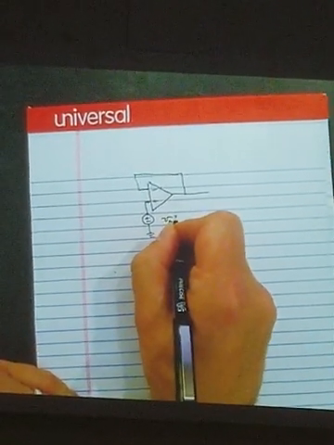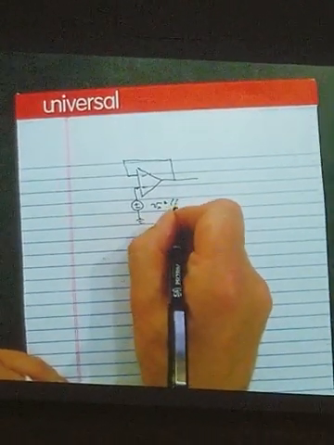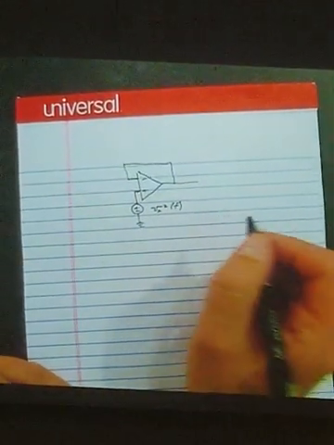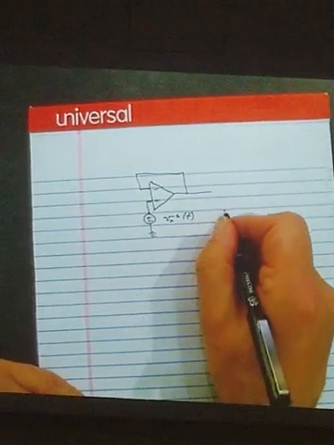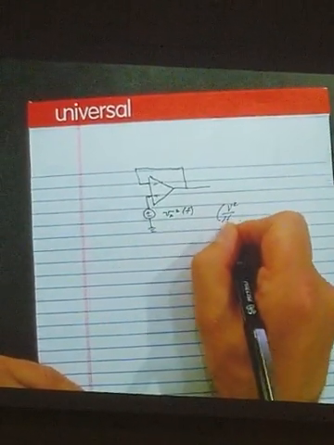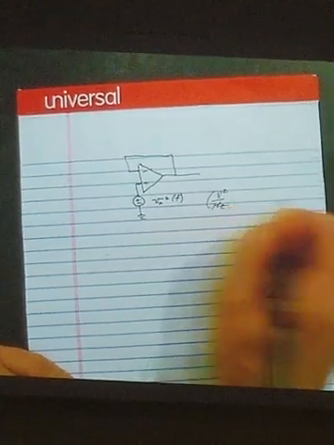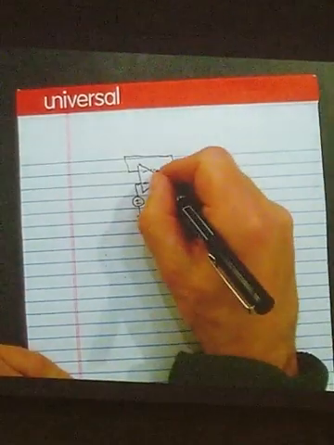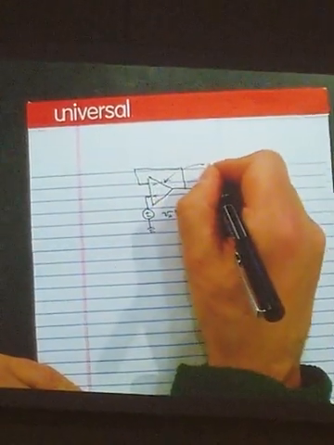Vn squared of f, a noise power spectral density, its units are volts squared per hertz. And now we think of this as noiseless.